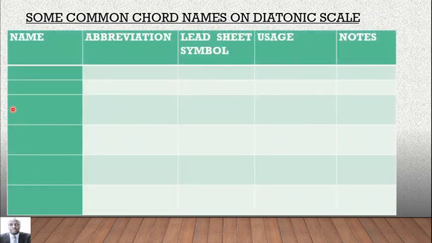So here we want to talk about the names of the chords, the abbreviation, the lead sheet symbol or the sheet music symbol, right? And how they are being used, and of course the notes that are involved in each of these chords, right? The words chord and triad can be used interchangeably and will be used interchangeably in our discussion here.